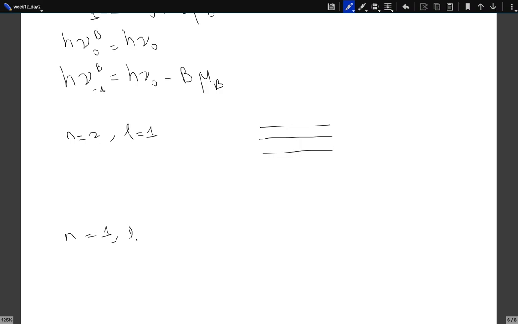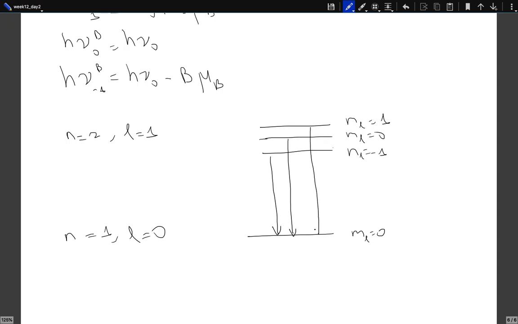Only 0, no other value. So there is a single state. This is ml equal to 0. This is ml equal to minus 1, ml equal to 0, and ml equal to plus 1. So we have all these transitions. One of them, the second one, and the third one, corresponding to all those 3 different frequencies.